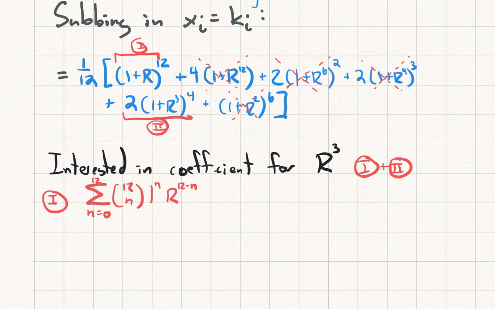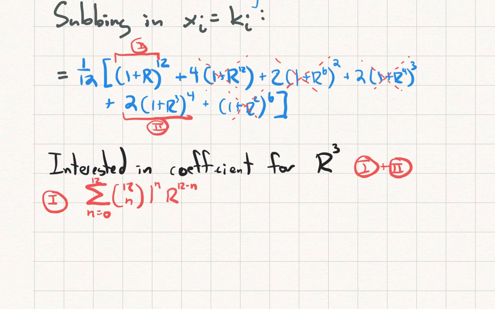So I'm looking for r cubed here. So obviously n's going to be 9, or you could just reverse these and have r to the n, 1 to the 12 minus n. Doesn't really matter, because 12 choose 3 is 12 factorial over 3 factorial, 9 factorial, and 12 choose 9 is the exact same thing. So, of course, there's that symmetry going on there.